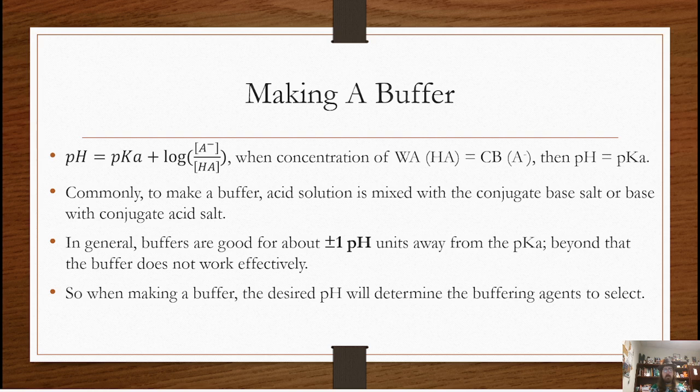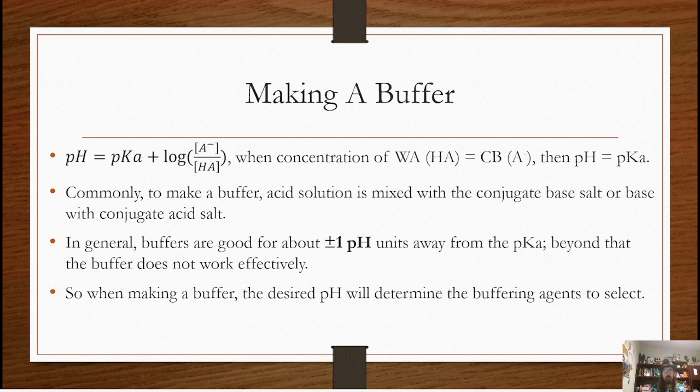Now, because this is a logarithmic ratio, for every factor of 10 that A- is over HA or HA is over A-, we only change the pH by 1 unit.